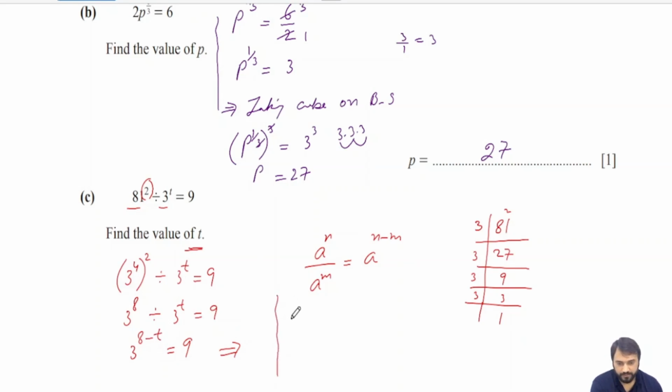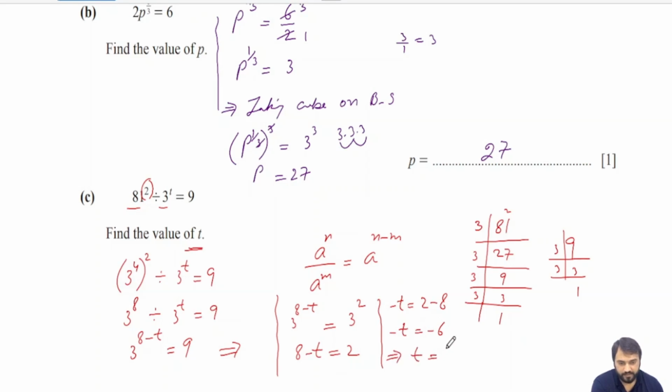But we have to convert this 9 into base 3. 9 can be written as 3 into 3, 3 one time. 9 can be written as 3 square. Now bases are same. We just equate the powers. 8 minus t is equal to 2. And find the value of t. Minus t is equal to 2. When 8 moves, it will subtract. Minus t is equal to minus 6. We can cancel the negative sign. The rest is our answer, that is t is equal to 6.